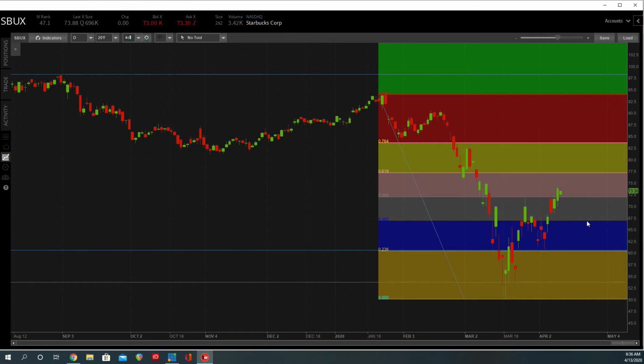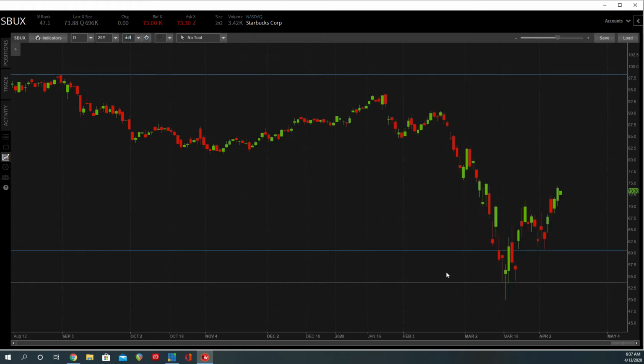When you start playing around with Fibonacci's, you'll see that they will fill in your price points for you a lot of times, and that kind of validates the importance of them, at least in my mind. All right, I'm going to remove Fibonacci off of here. And if you're using this platform, you just highlight, click it, activate it, and then hit your delete key and it'll go away.